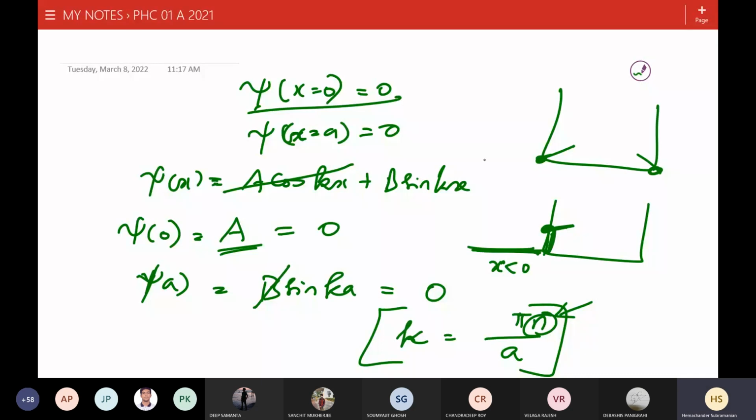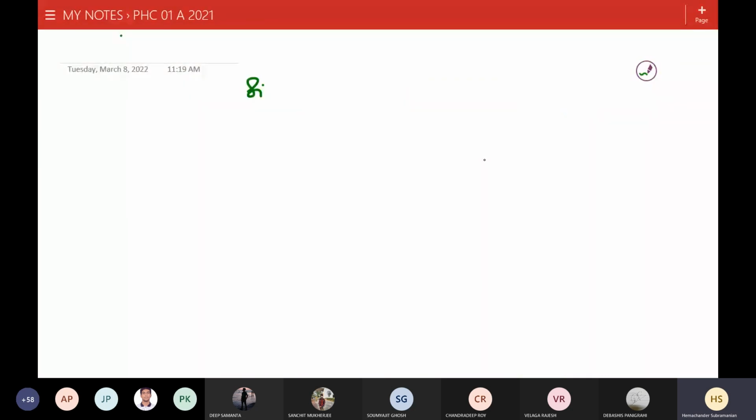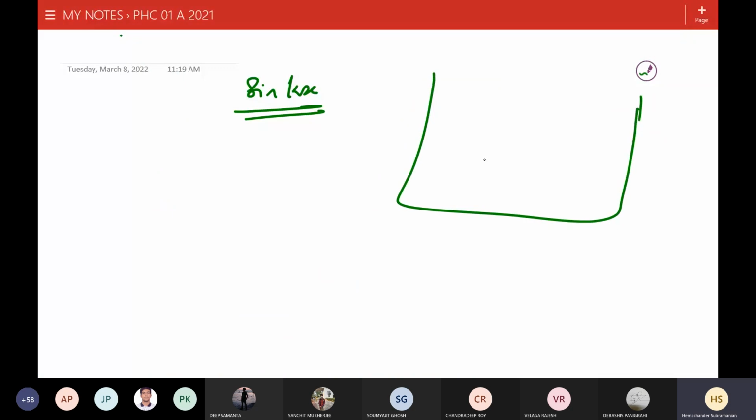What does this mean, by the way? You have a sine kx function, and you have a steep barrier on both sides. And now this function must go to 0 here and here. So what kind of functions do you imagine here?